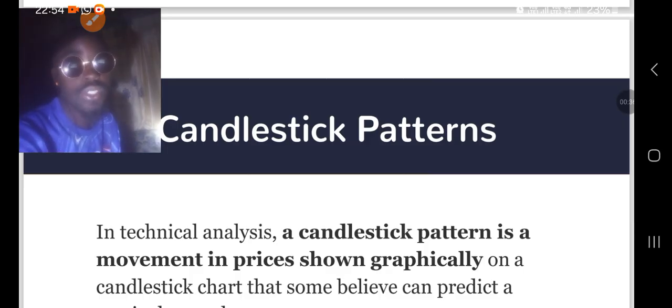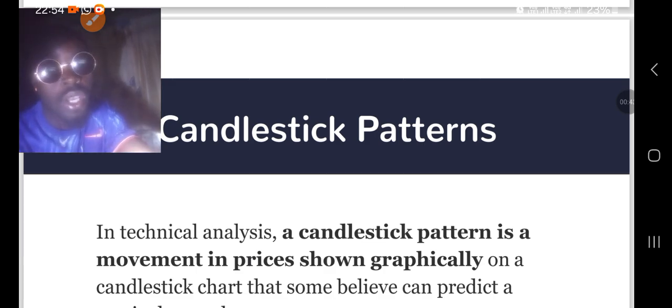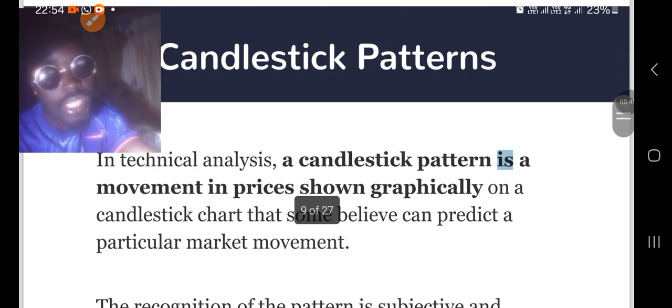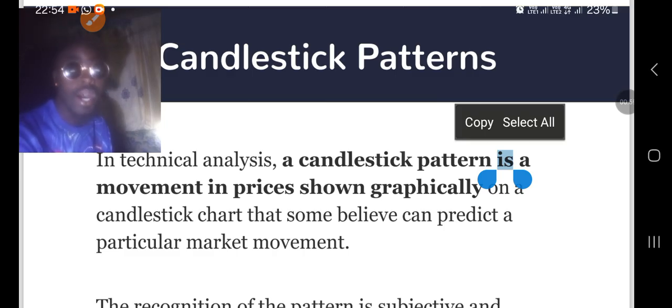In technical analysis, a candlestick pattern is a movement in price shown graphically on a candlestick chart that some believe can predict a particular market movement. Every time we talk about forex trading, it's a prediction of the future. How will the market be moving in the next 1 hour?